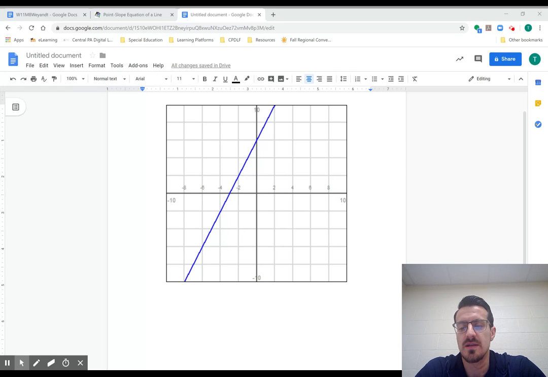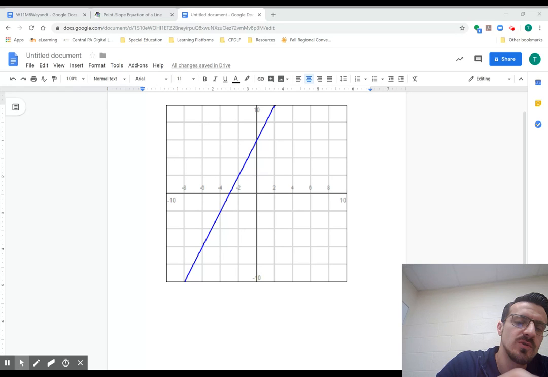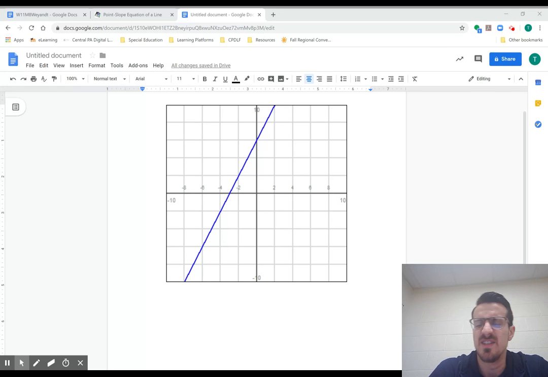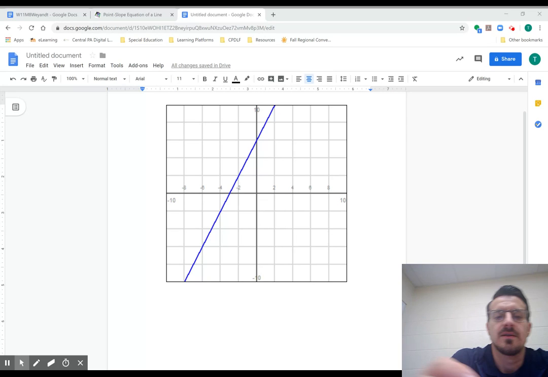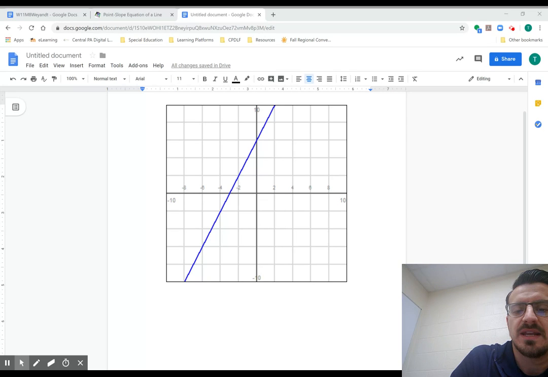All right. So what we need to do then is, if I ask you the question, which is going to be one of your checkpoints, does the point, and I'm just going to be random with it, does the point negative 2, 2 work?